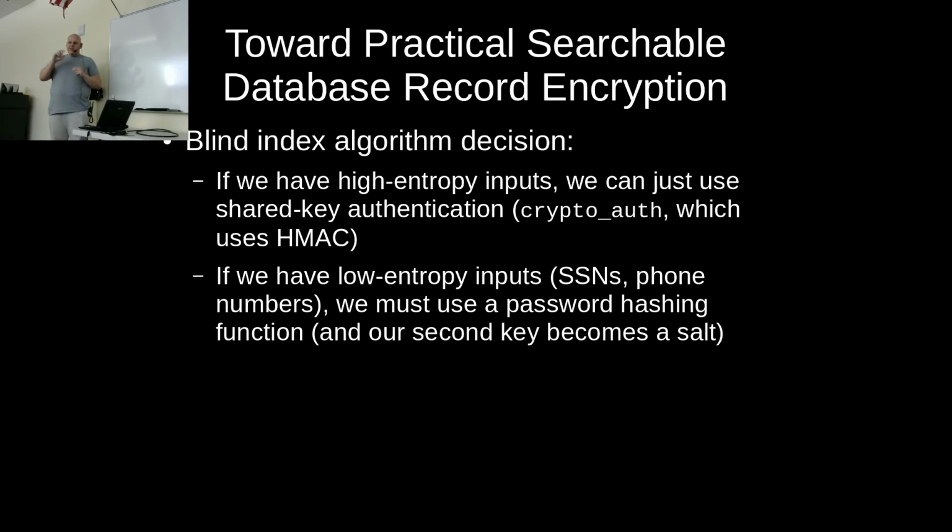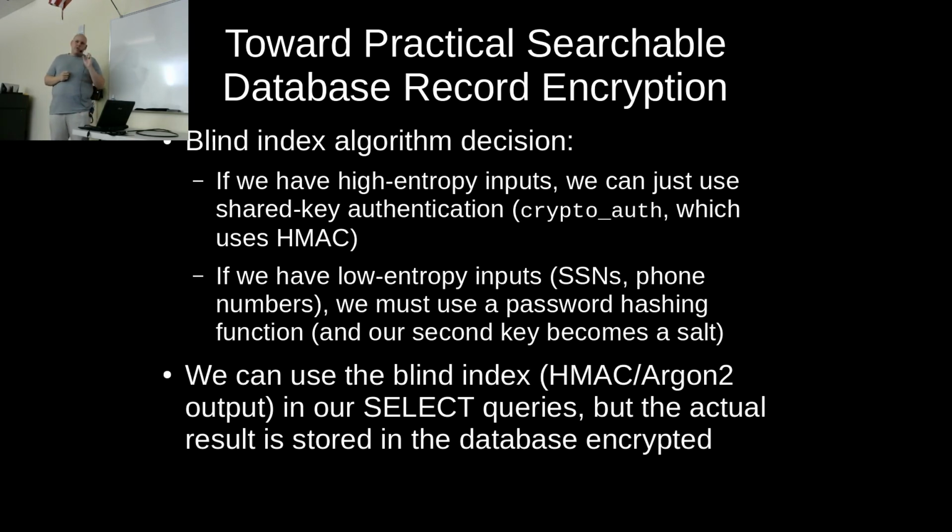Typically, you would just take a second key and do an HMAC of your input with that static key, and that would be good. But if you're doing a low-entropy input, like most of the time you're going to be, you're going to want to use something like Argon2, because if somebody manages to get all of the blind index values, if it's a fast hash like SHA-2, or even HMAC-SHA-2, they're going to just burn through all the possible values quickly.